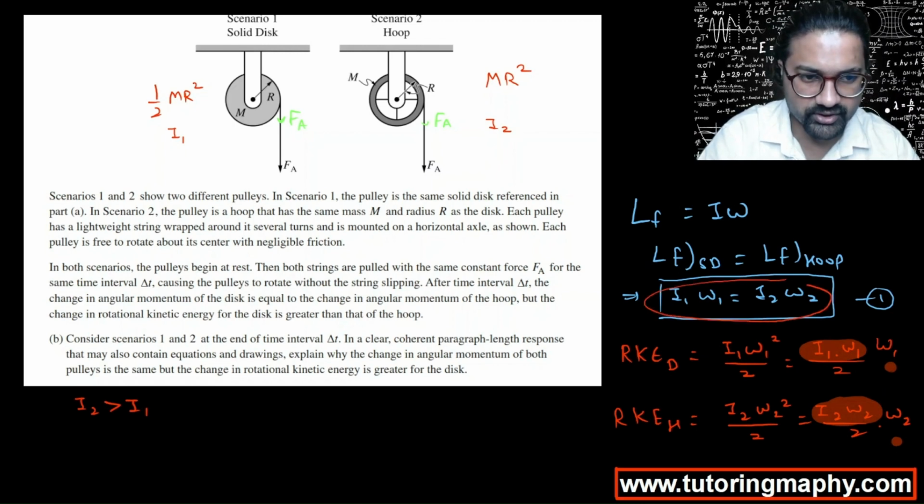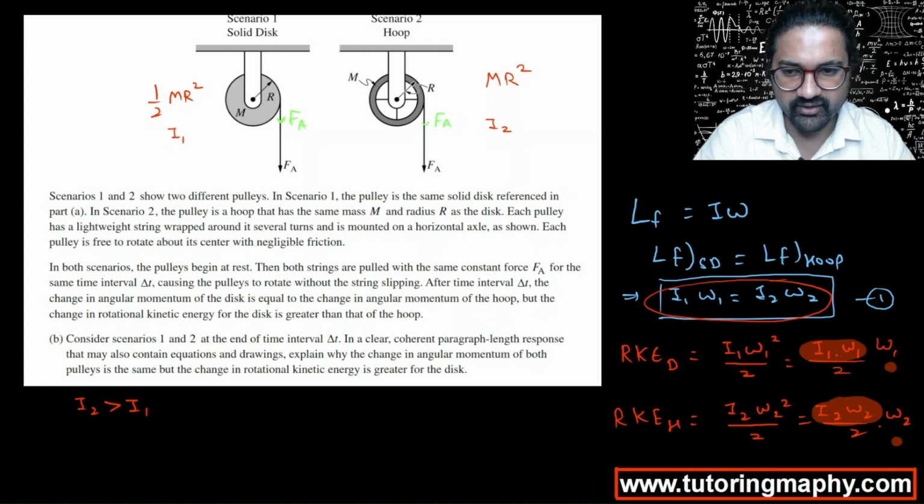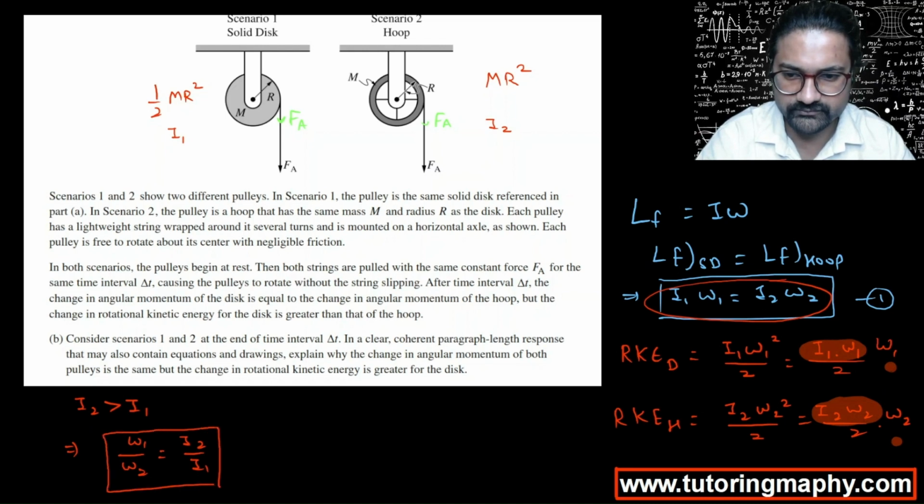So from this equation, since I2 is more than I1, if we rearrange the equation which I just circled, this can be written as omega 1 over omega 2 is equal to I2 over I1. Since I2 is greater than I1, the numerator is more than the denominator, and since this is an equation, the same should follow for the left side as well. So omega 1 should be greater than omega 2.